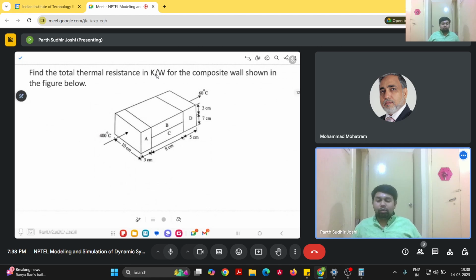Because the materials are different, the thermal conductivity of each of them will be different, so the heat flow through each element will be different. So we can basically try to estimate what will be the total thermal resistance based on the material properties.